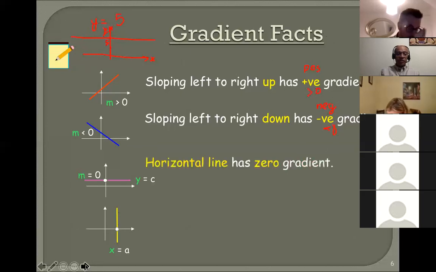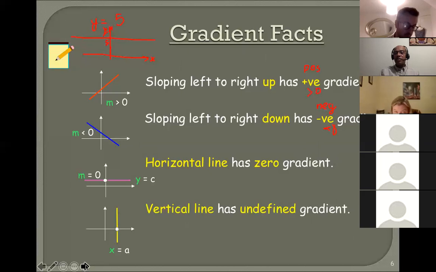Horizontal line, we just said, has 0 gradient. And a vertical line has an undefined gradient. So now you know everything about straight lines.